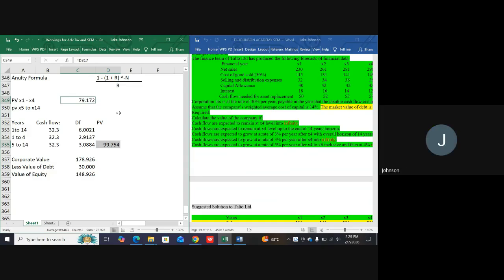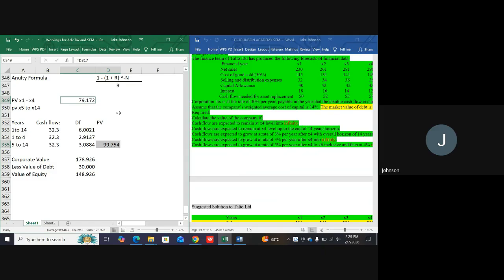Now, when you are doing NPV, you are only concerned about your cash flow. But what we are doing here, the value of a business, we are concerned with free cash flow, not any cash flow.